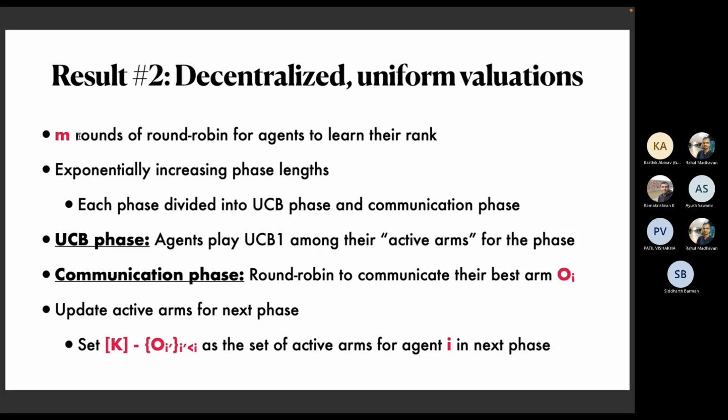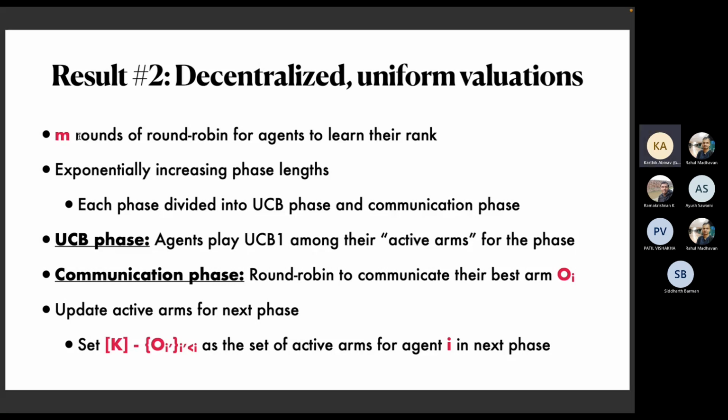I have a question here. Maybe you can clarify it, or maybe the question doesn't make sense. You said that in the first N rounds, let's say all agents decided to play arm one, and let's say one chooses agent one, and then agent one goes out of the picture.